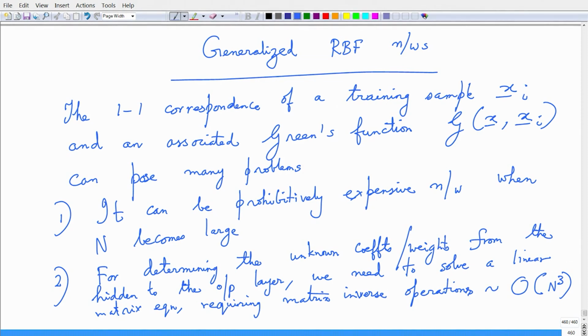In addition, there can be ill conditioning of the matrix. This is an important detail as well. You have a solution like Ax equals b, where x is your weight vector and b is your desired response. To solve for x you have to do A inverse b, and this inversion can be an issue. If the matrix is really large, then inverting this becomes a problem.